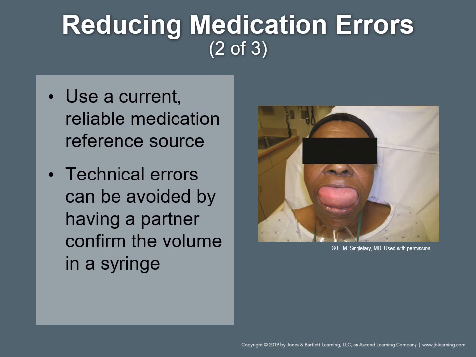Use a current reliable medication reference source whenever administering potentially unfamiliar medications. Technical errors can be avoided by having a partner confirm the volume in a syringe or a weight-based medication calculation.